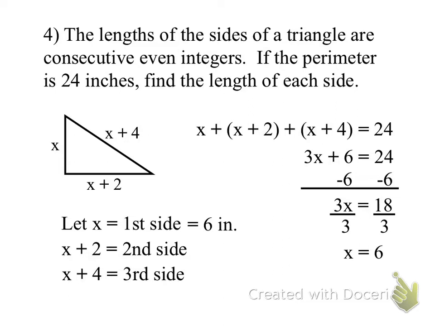X is equal to 6. So if x equals 6, what's the second side? 8 inches. And what's the next one, Miguel? It's 12 inches. No, it's not 12. Yep. It's 10 inches. Okay, are there any questions?